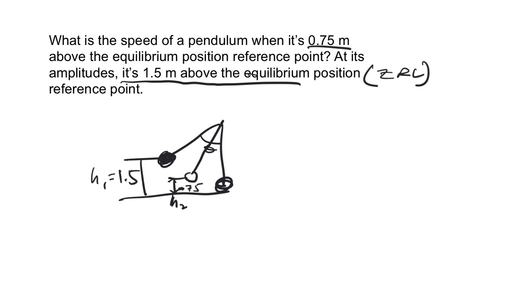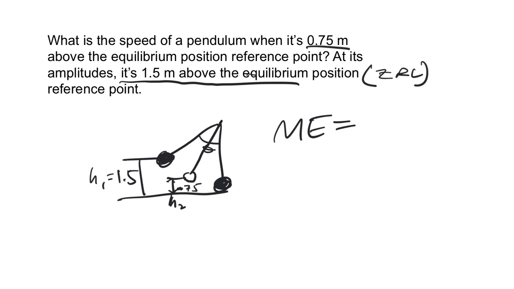Okay, so what we have to do is consider in between the maximum height and 0 height. So ME at this in-between point is equal to KE plus GPE at those points.